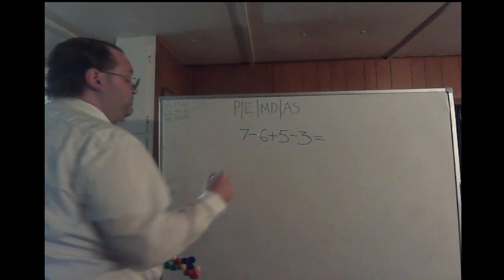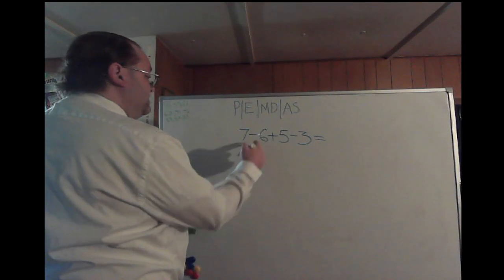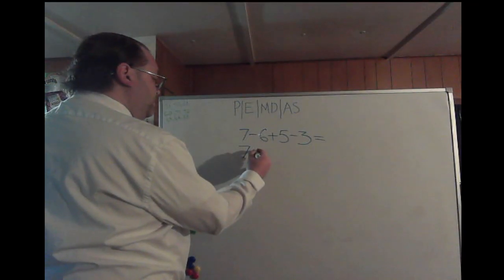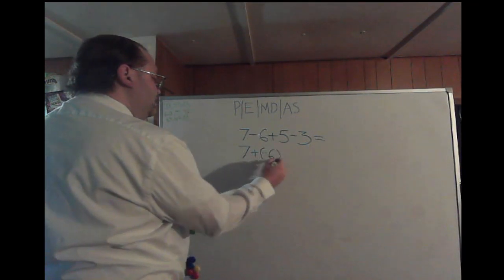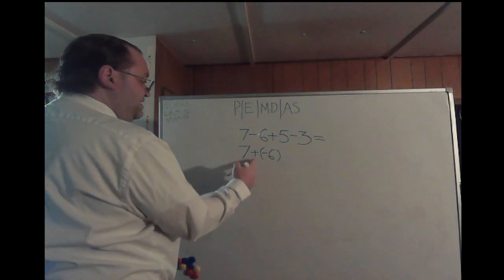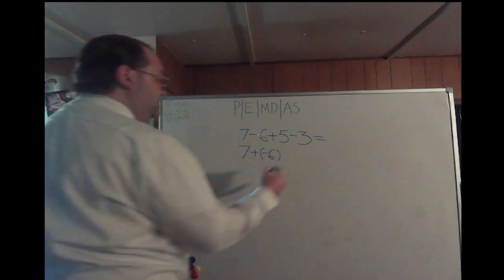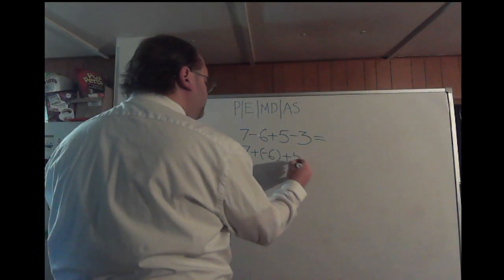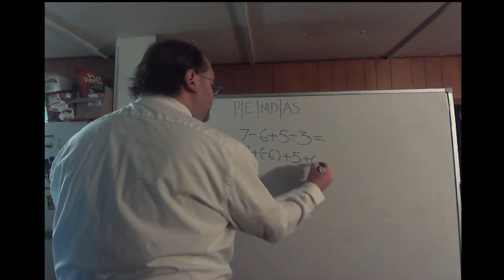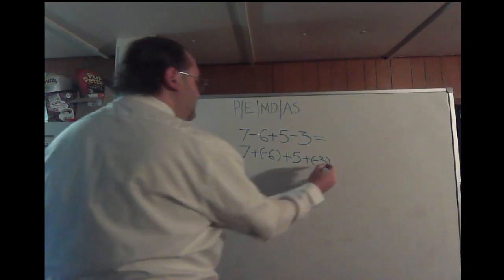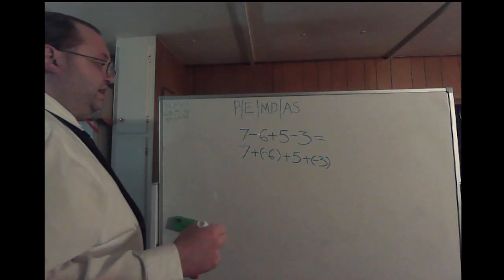Why is that? Because when you minus a number, that's the same as adding its negative. So 7 minus 6 is the same as 7 plus negative 6. Of course, we have plus 5. But that minus 3 is the same as plus negative 3. It's the same as adding the negative of that number.